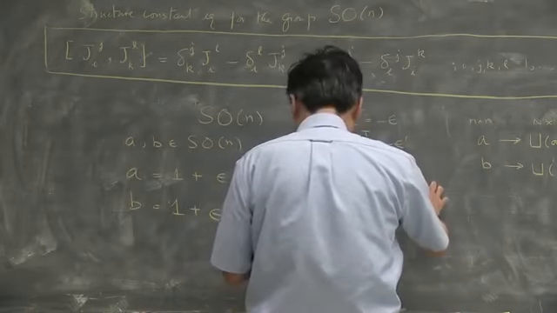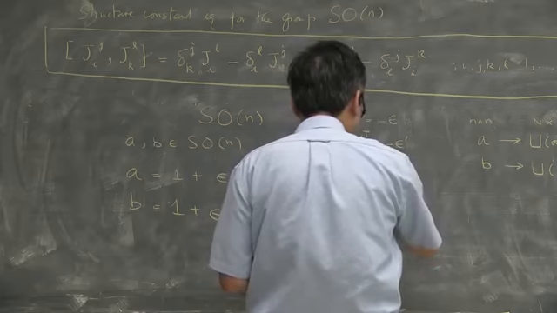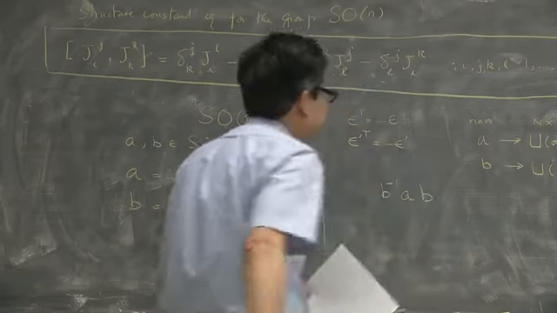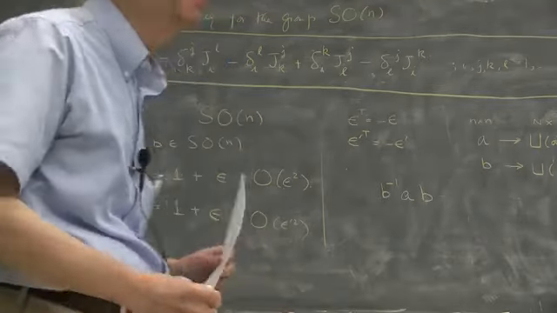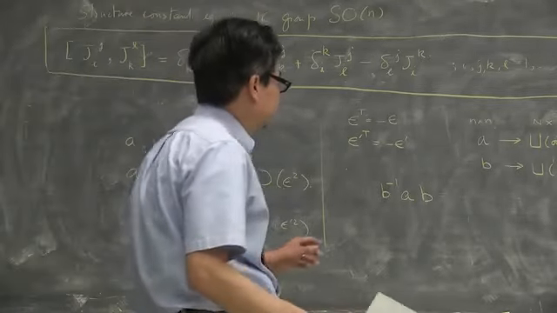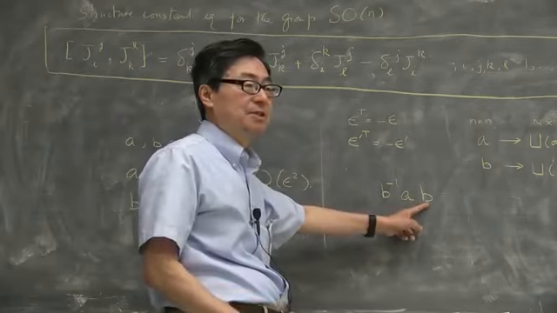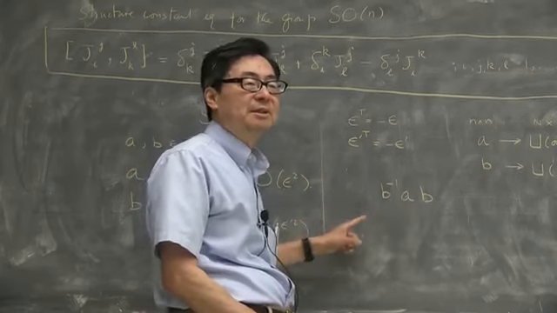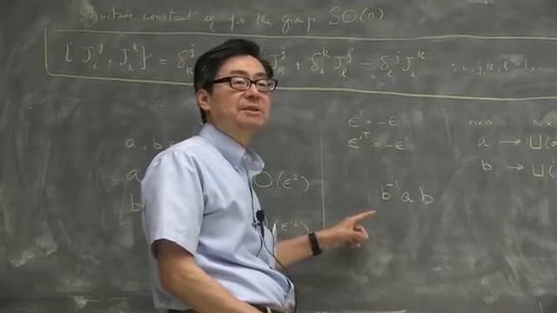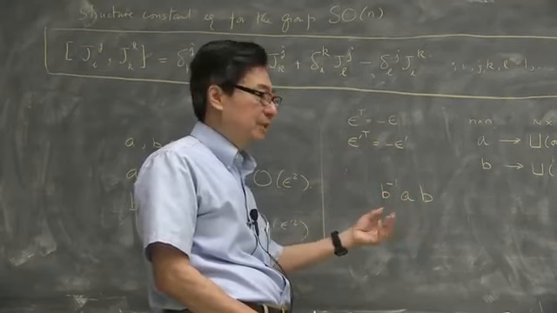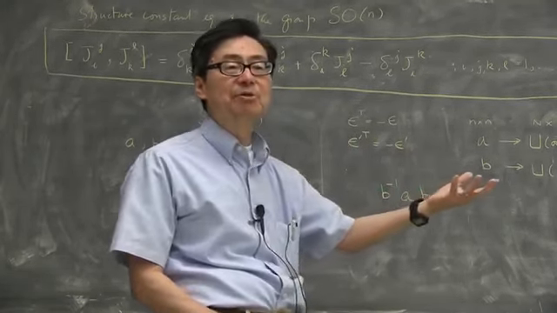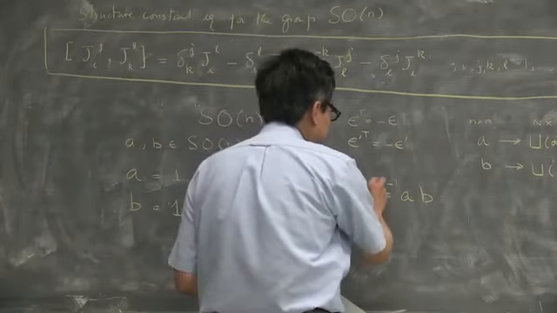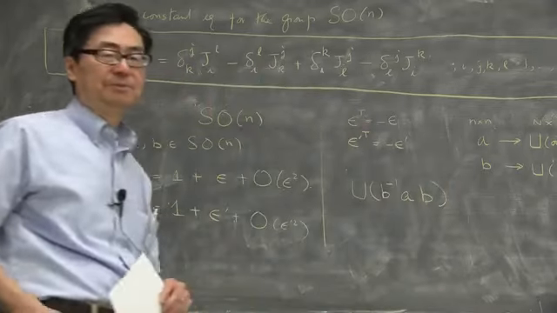Now, if I take B and A, I can form the similarity transformation of A by B, so to speak. Like that. Okay? So B is in SO(n), so B inverse, of course, is in SO(n), and A is also in SO(n), so each one of the three matrices in here is in SO(n). So by the group property of SO(n), the product has to be another matrix in SO(n). All right? So I can represent this matrix by the same representation.